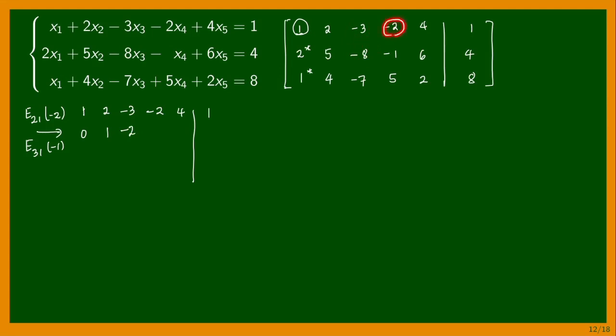Negative 2 times negative 2 is 4, minus 1 is 3. Negative 2 times 4 plus 1 is negative 7. Is that correct? Let me just check it for a while. I think it's correct. Last entry, negative 2 times 1 plus 4, I think that's a 2. Third row.